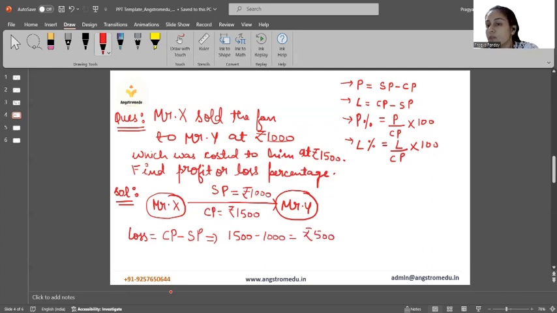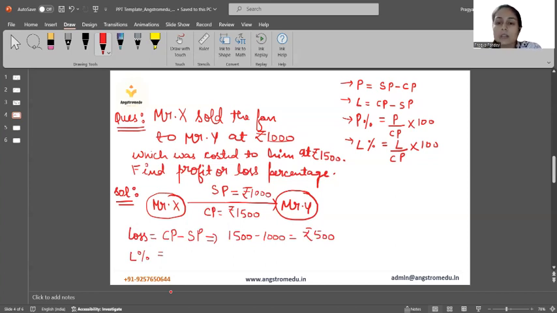So first we have calculated 500, but we are supposed to find out the profit percentage or loss percentage according to the question. So we have to work upon percentage as well. We are only able to calculate loss percentage because profit is not happening here.